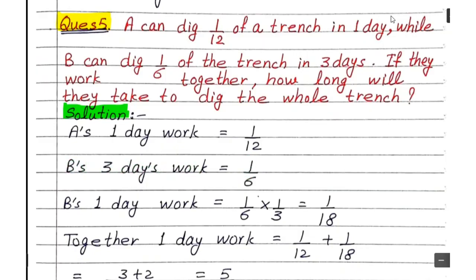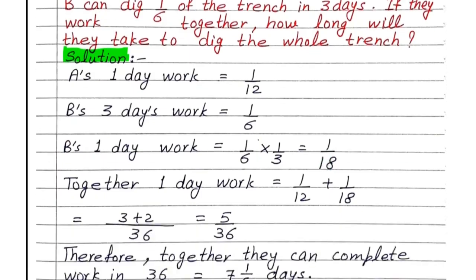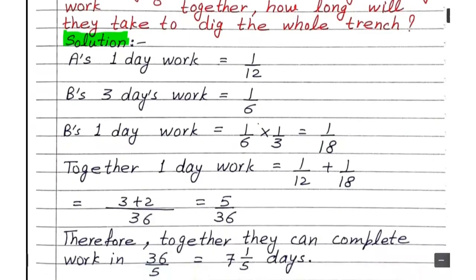So this means B's one day work will be 1/6 and 3 will come down here, that is 1/3 of 1/6, so that is 1/18. Now children, have a look again. A's one day work is 1/12 and B's one day work is 1/18.